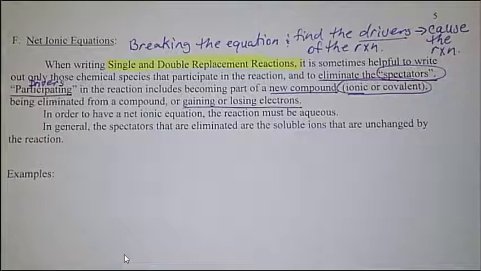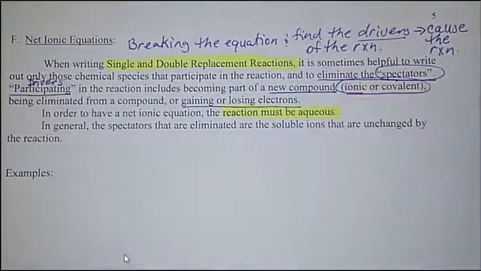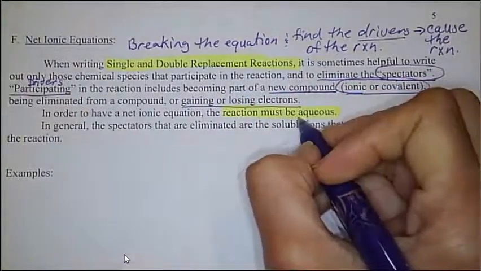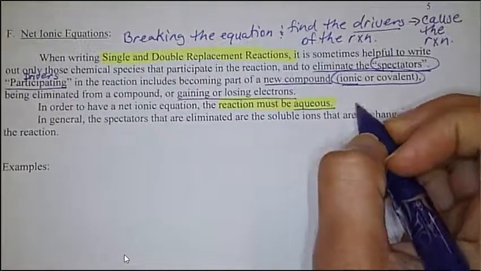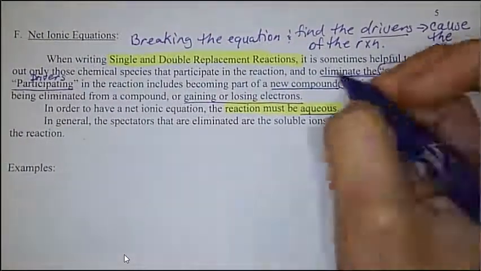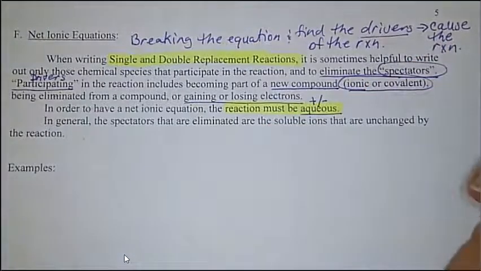So in order to have a net ionic equation, your reaction must always be aqueous. Underline that. The benefit of having an aqueous reaction is that you can break it up into positive and negative charges.